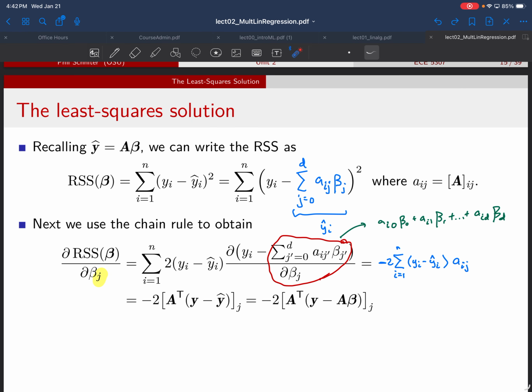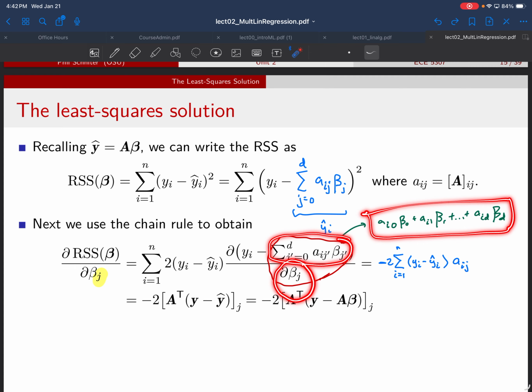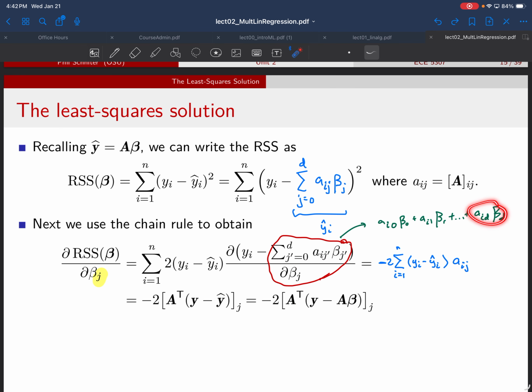So we don't need to add a sum for j? Yeah, we don't involve this sum because if I expand this sum, I get this. Now I can see that if I take the partial derivative with respect to a single beta j, only one of these terms will matter. All the others will go away.